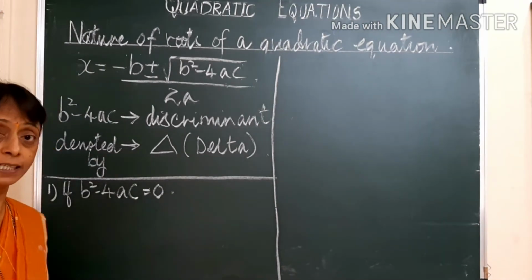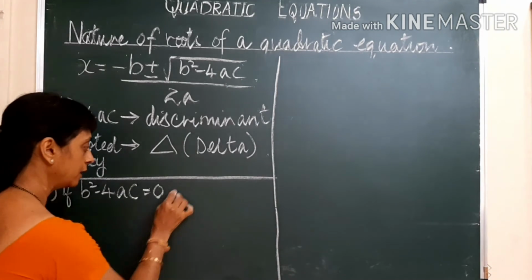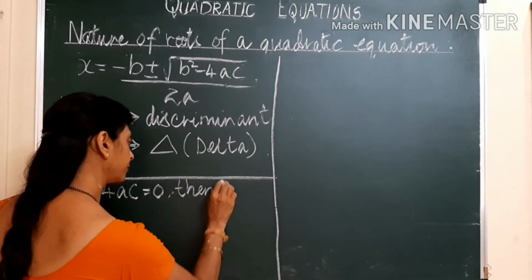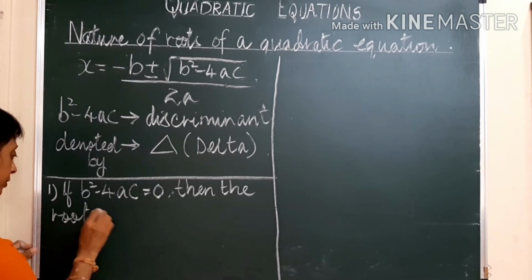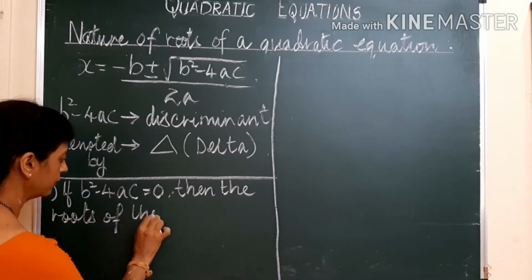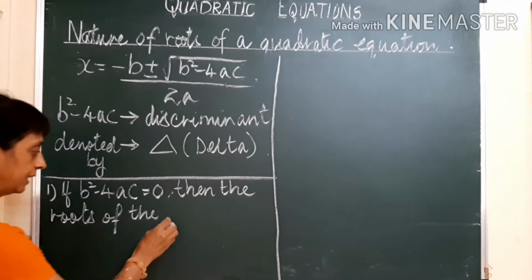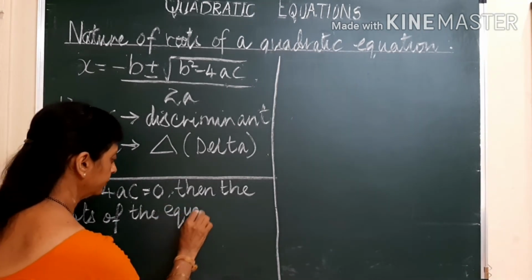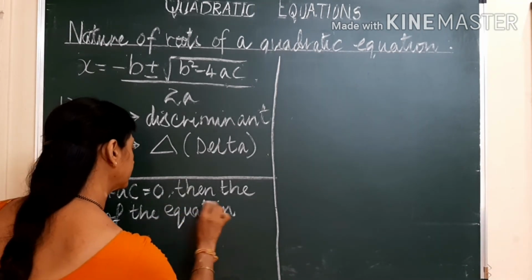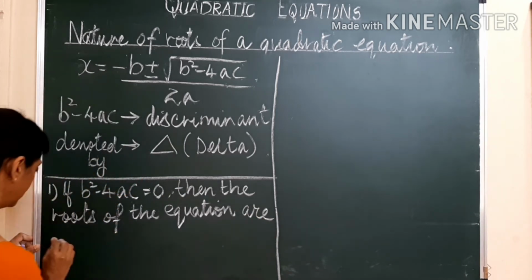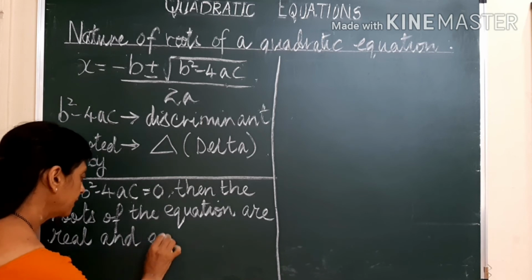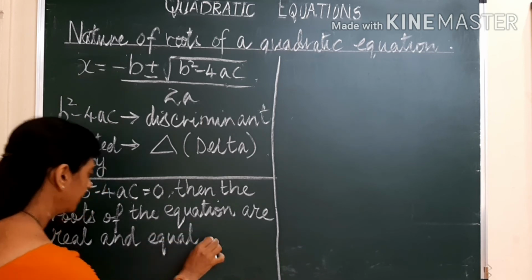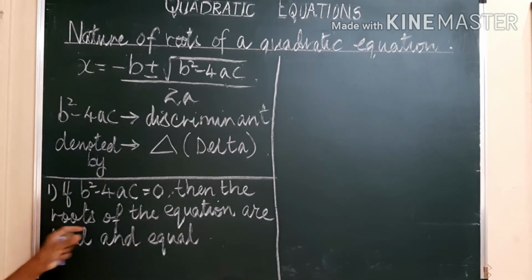Therefore if b square minus 4ac is 0, then the roots of the quadratic equation are real and equal.